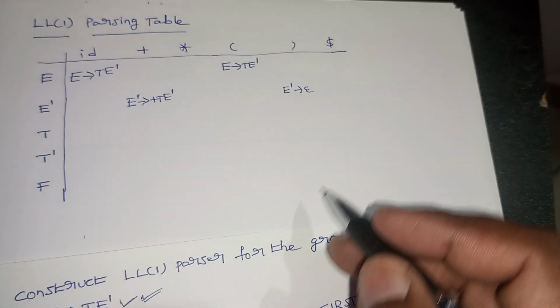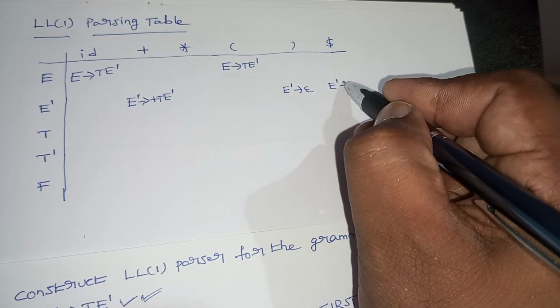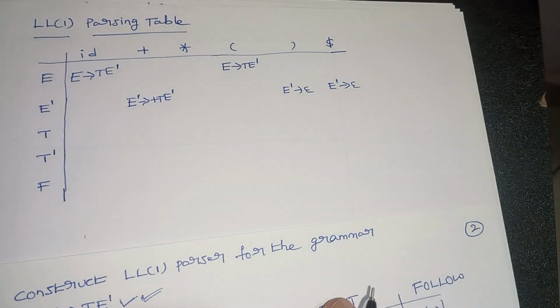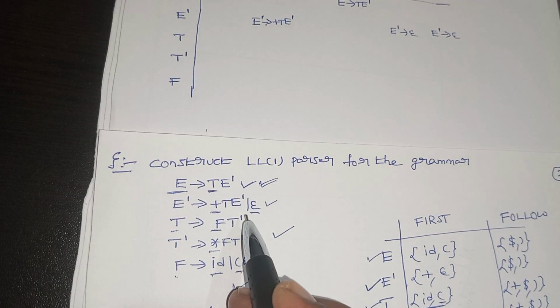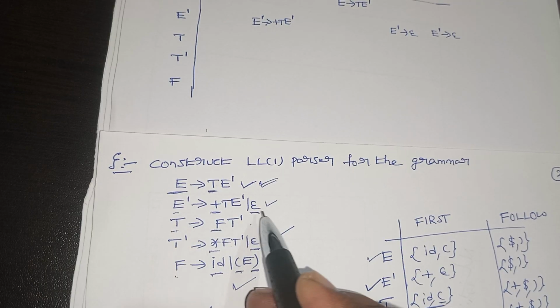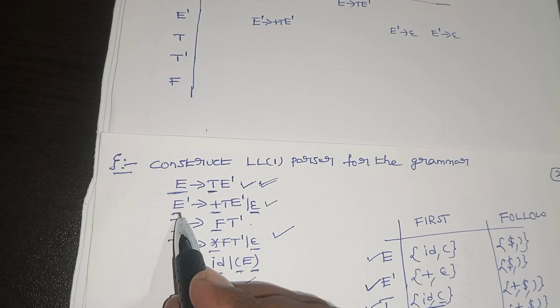So when you get null productions, that is epsilon productions, you have to take follow of the LHS. That's what I have taken. So in rule 2 I got E dash tends to epsilon. This is where I have to write in the follow of E dash.